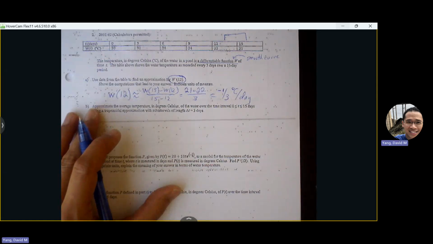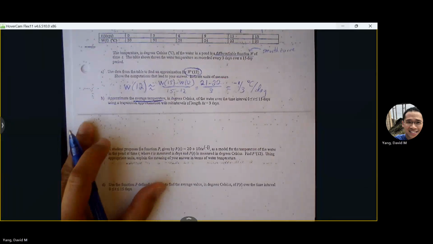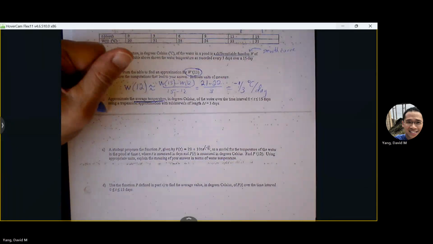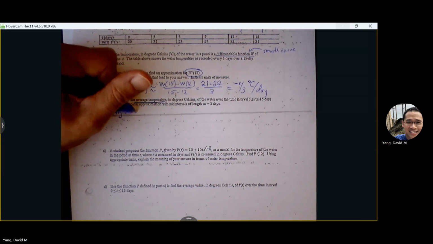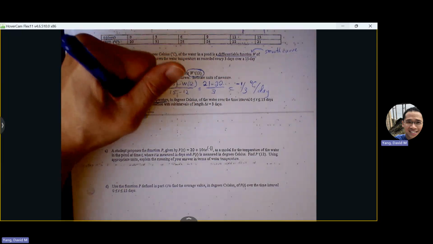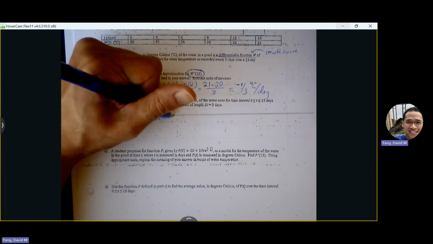Part D, approximate the average temperature. Average temperature here. What formula are we using there? Average value. Remind you, average value is 1 over b minus a, integral from a to b of f of x dx. That's the original formula.